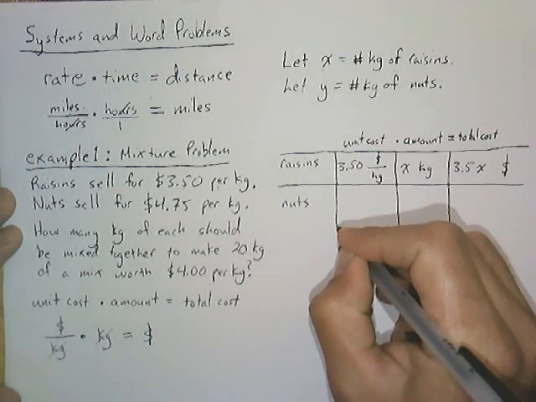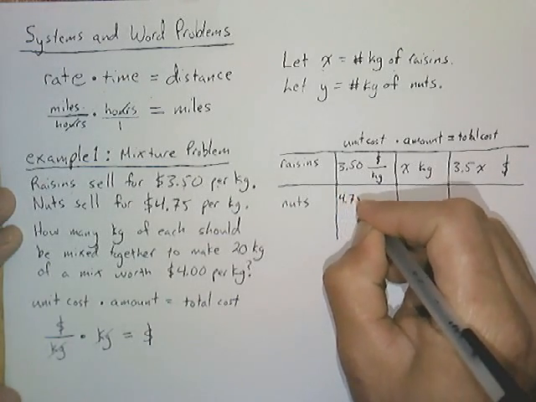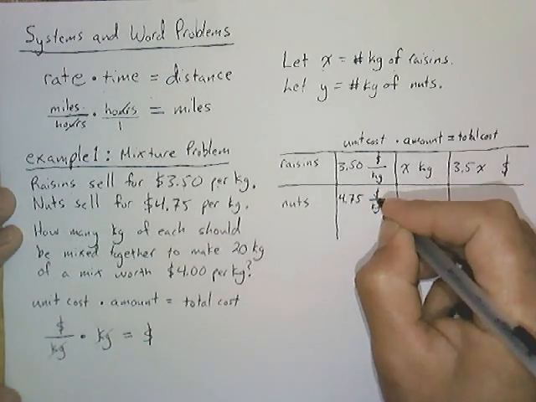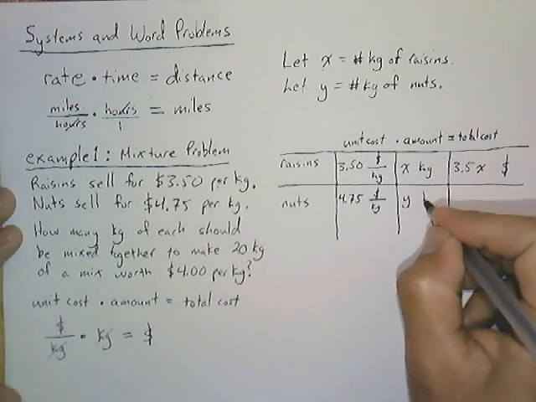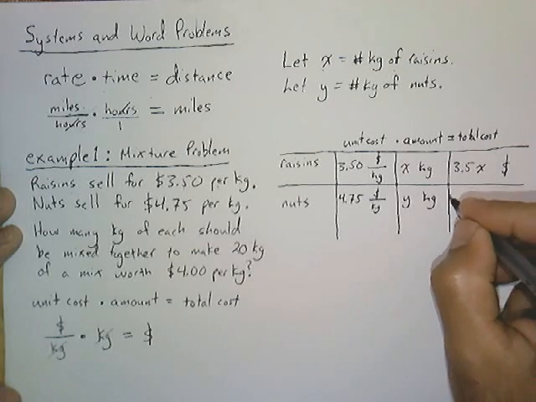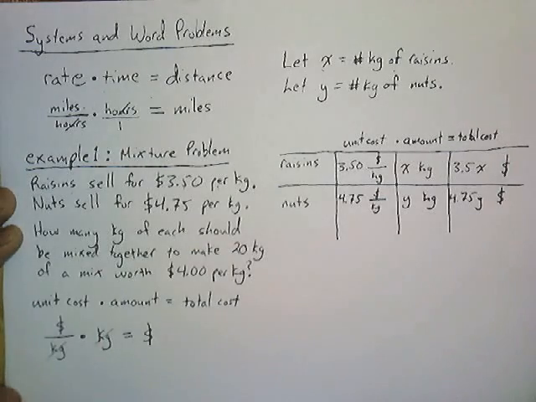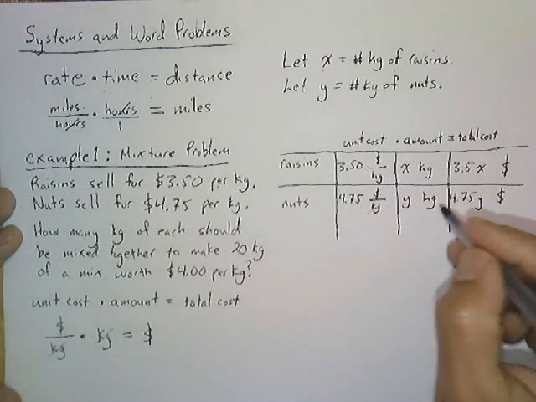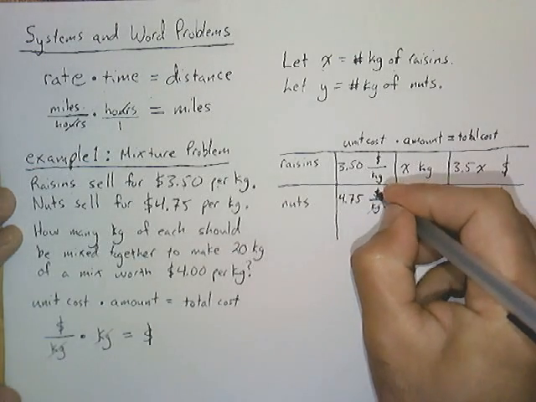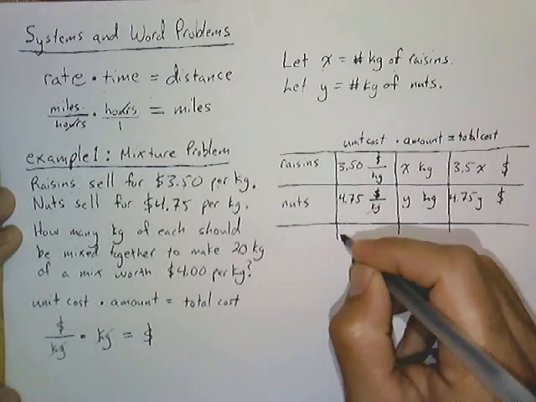Next, let's deal with the nuts. Nuts are selling for $4.75 per kilogram. And of course, we've got Y kilograms of those. Multiply them together, and we end up with the total cost of 4.75Y dollars. Because of course, kilograms on the bottom will cancel with those kilograms, leaving just dollars. But then we've also got to deal with the mixture.